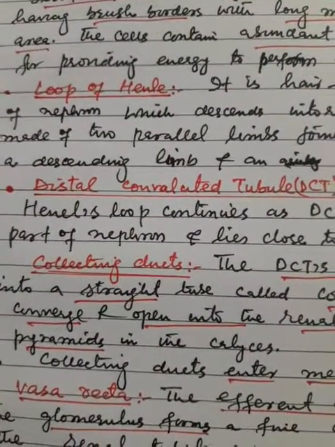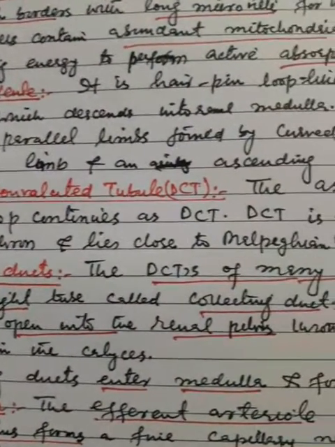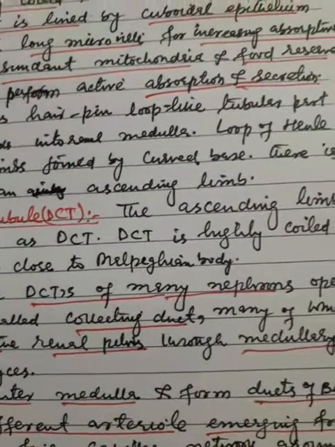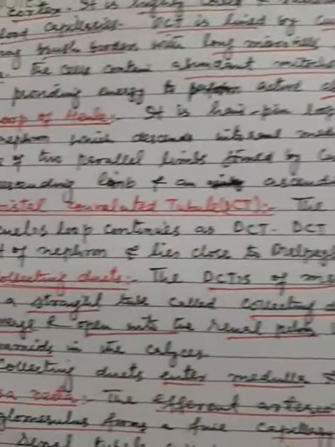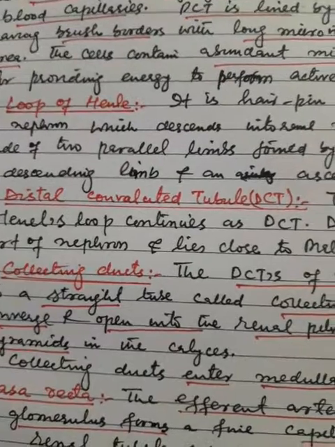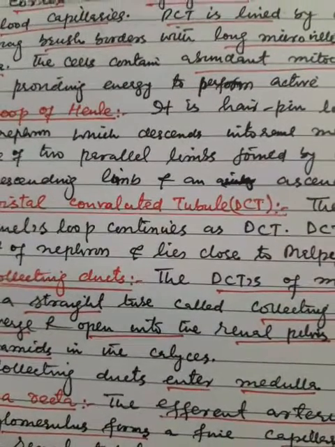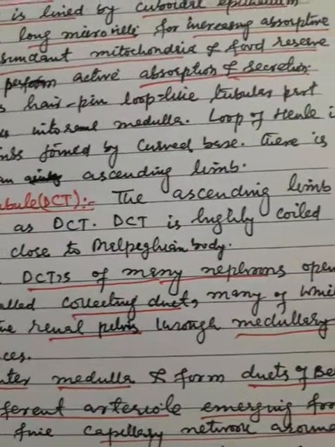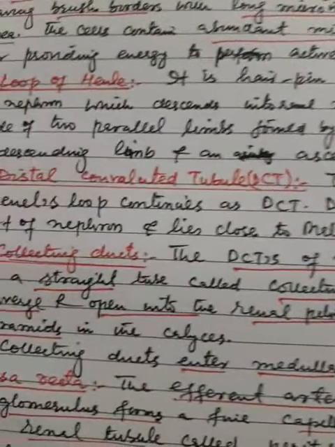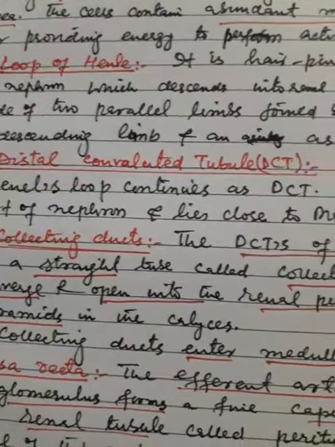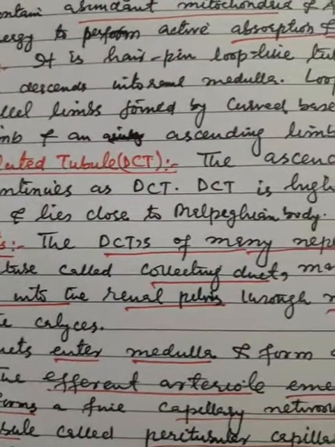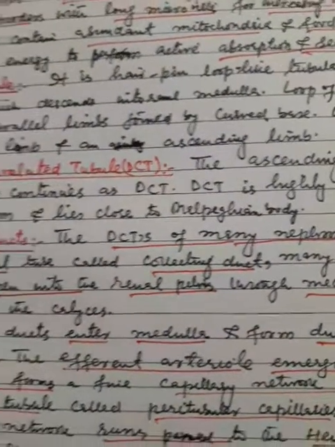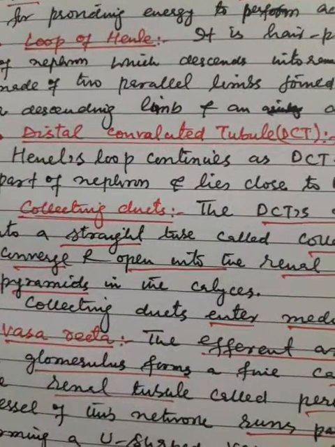Now, distal convoluted tubule, DCT. The ascending limb of Henle's loop continues as DCT. DCT is a highly coiled part of nephron and lies close to Malpighian body. Now, collecting ducts.